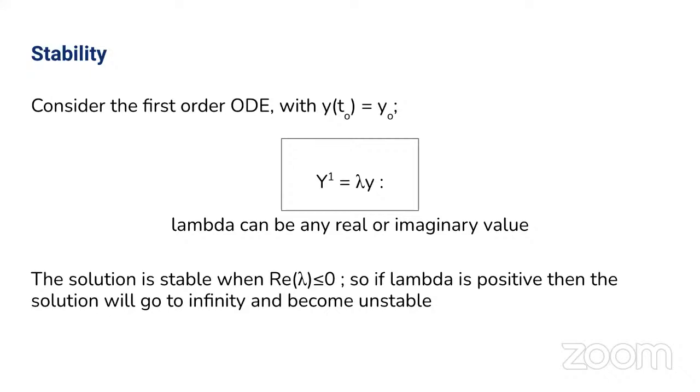Lambda, as we know, can be any real or imaginary value. Now, this solution will be stable if and only if the real value of lambda is less than or equal to 0. Because we already know that for a first order differential equation, when we plot the curve on the graph, the curve will always tend to 0 for each next value of the solution.